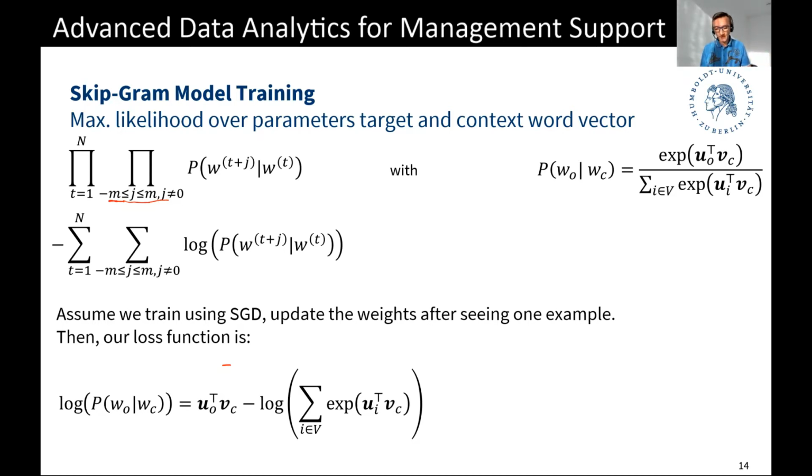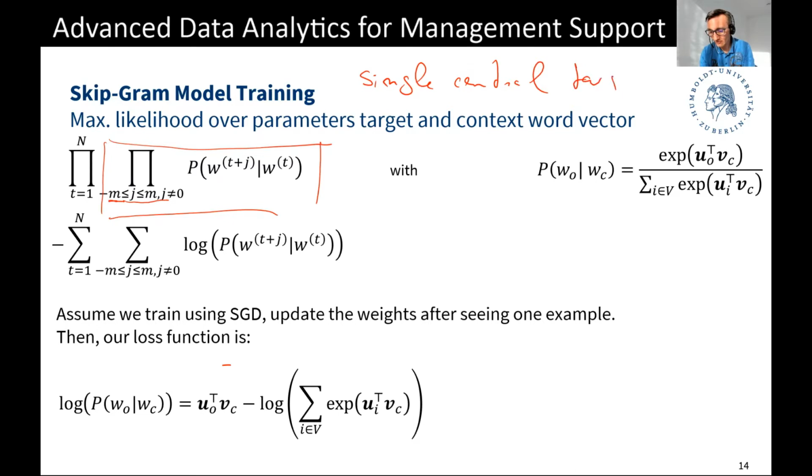So the first product here, t equals 1 up to n, that is to say, the inner bit, this is what we do for a single central target word. That's what we do for not in the example.